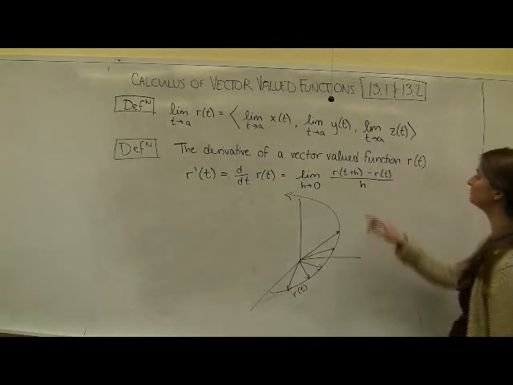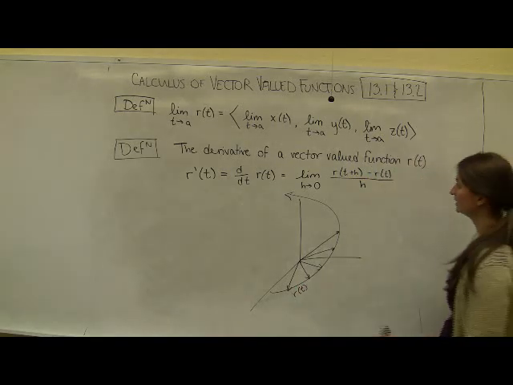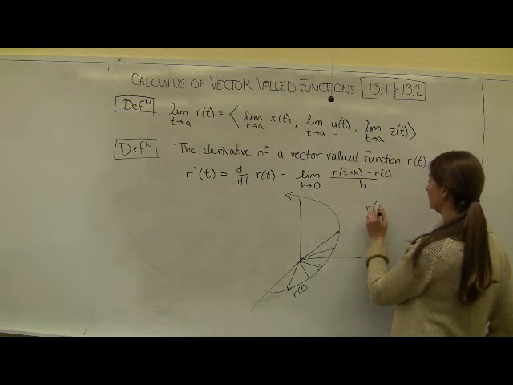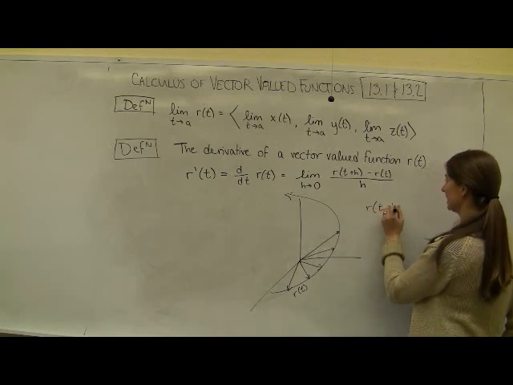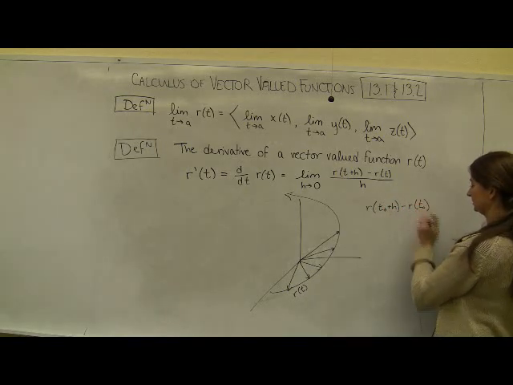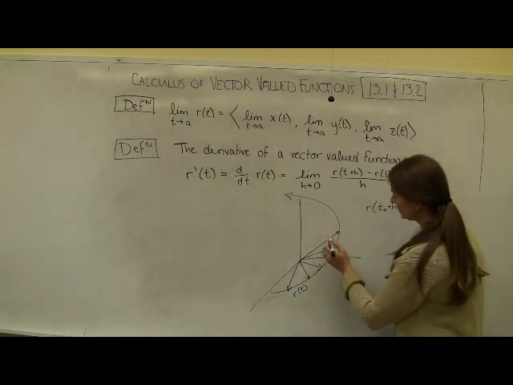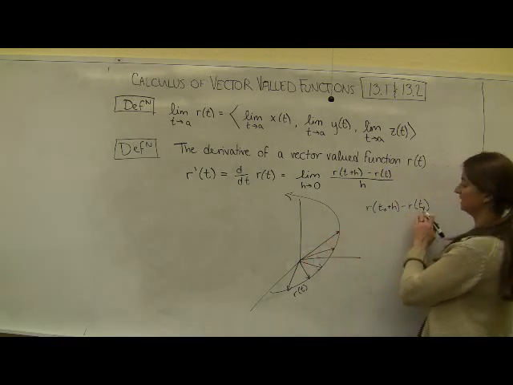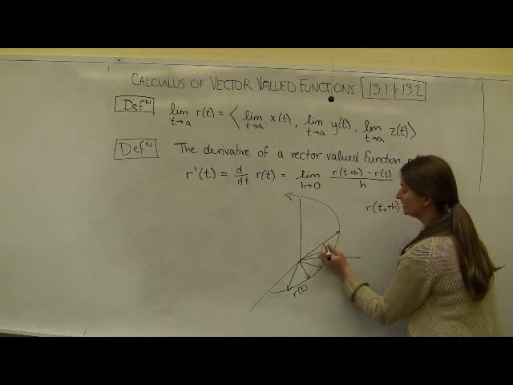And let's look at it at one particular t naught. So if I'm considering what is r of t naught plus h minus r of t naught. Well, let's say that this vector is the one that represents r of t naught. So this is the vector when t is equal to t naught.